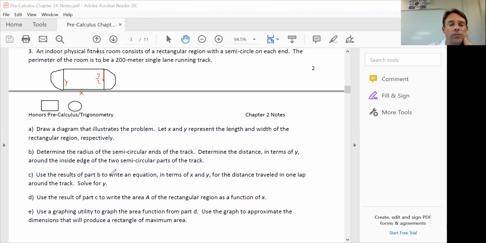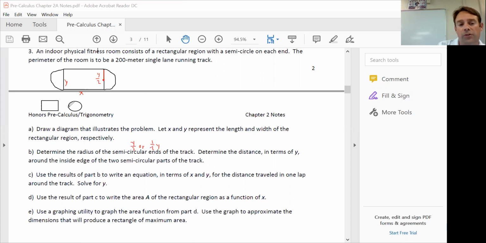So determine the radius of the semicircular ends, okay? So the radius then would be y divided by 2. Or if you wanted to, you could also say 1/2 y. Determine the distance in terms of y around the inside edge of the two semicircles. Well, let's think here.